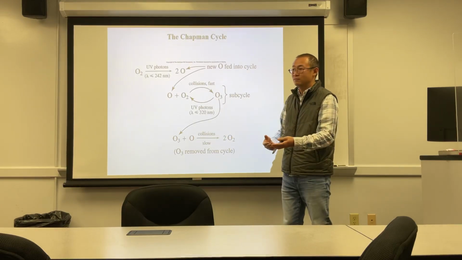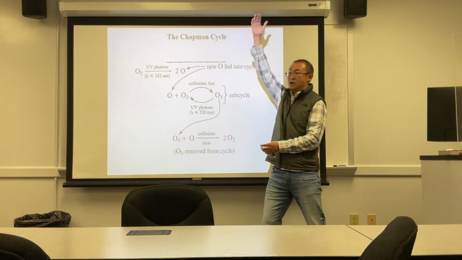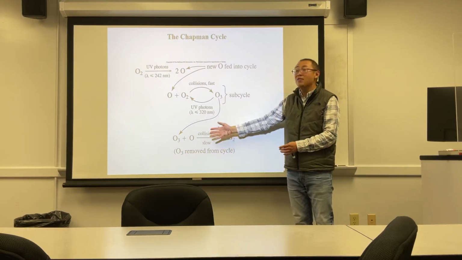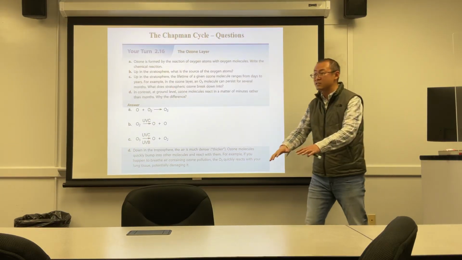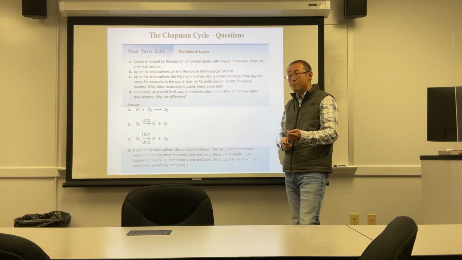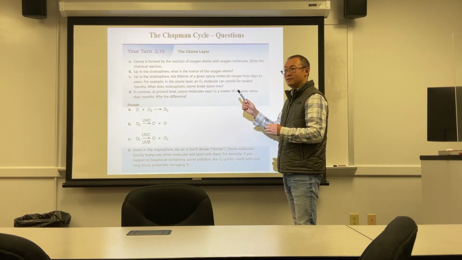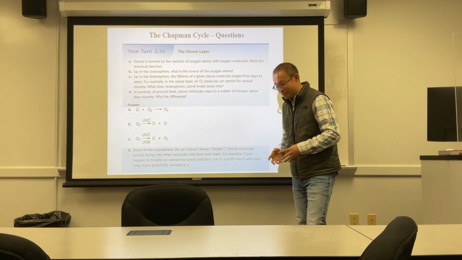But these are the ozone above us, the stratospheric ozone, the ozone layer, right? It takes months to be removed. But in our ground level, like here around us, we do have ozone in the air we breathe. But those ozones react fast, in minutes. Why do you think that's the reason?